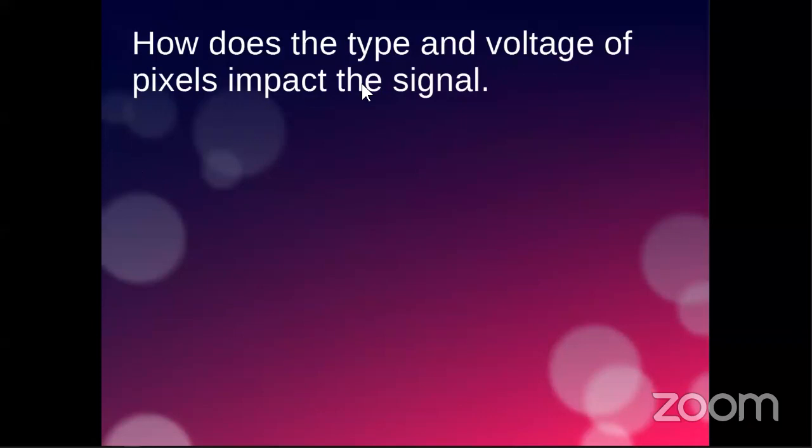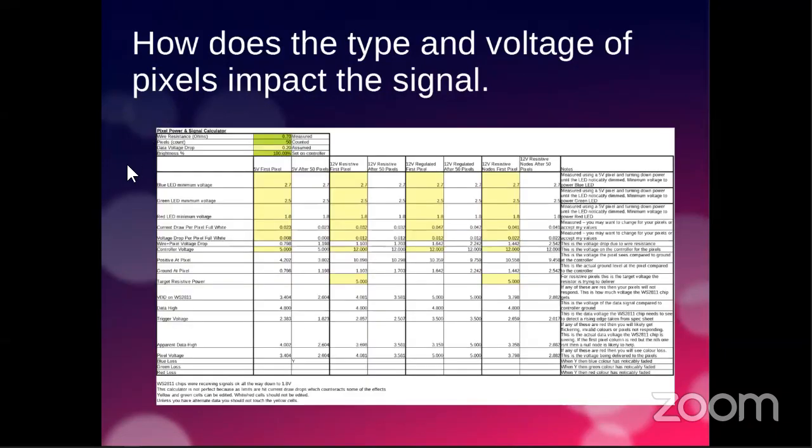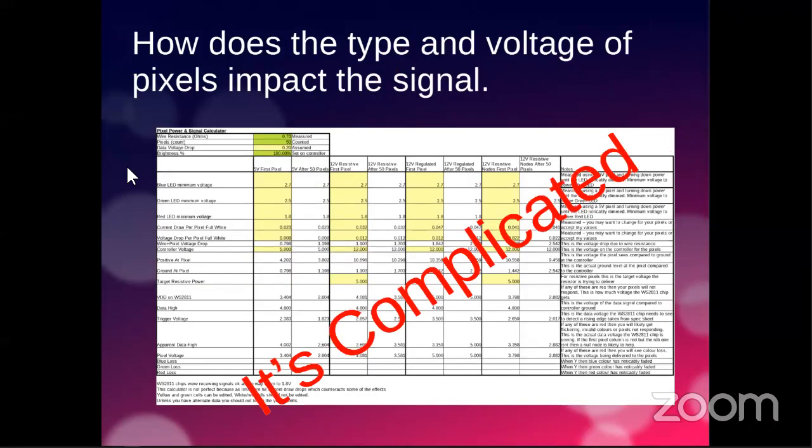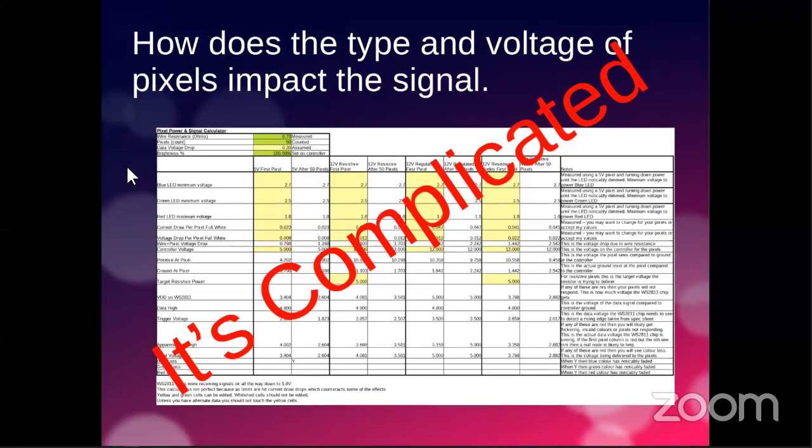So how does the type of pixel and the voltage impact the signal? Fundamentally, it's complicated. I did actually put this spreadsheet together, and I can kind of predict when pixels will fail, when they will flicker, when the colors will start to degrade, and so forth.